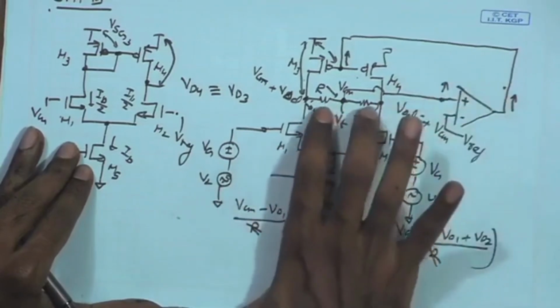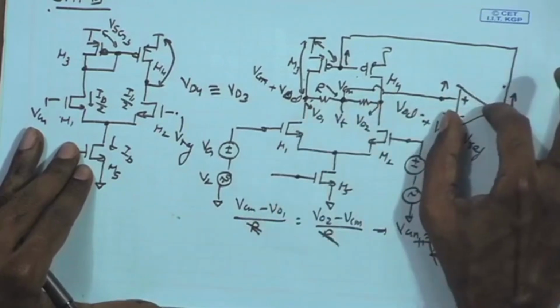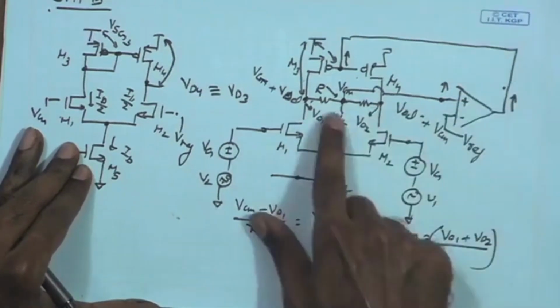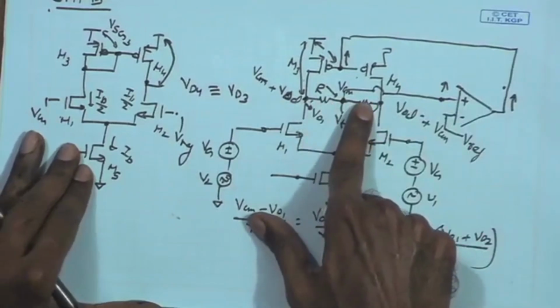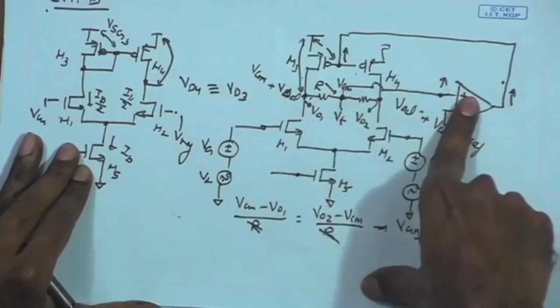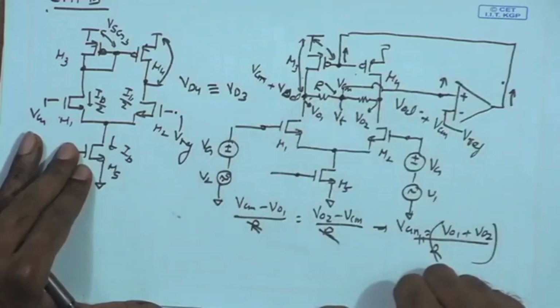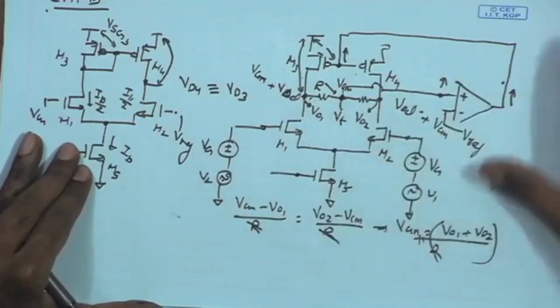Now, if we can outsource this common mode extraction to our error amplifier, then the job becomes simplified. We may not rely on R. That is the strategy we are going to use. We are going to incorporate this common mode extraction inside our error amplifier, so that we do not have to rely on these large resistors in order to achieve common mode feedback. So, let us look at that in our next module.